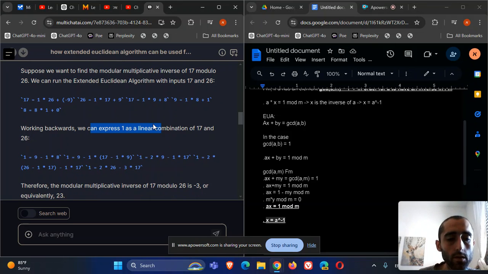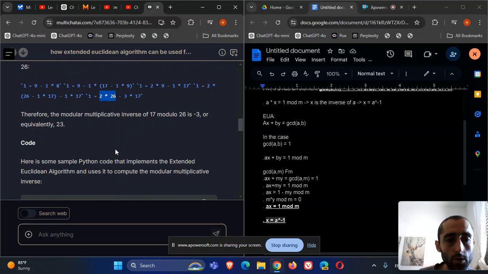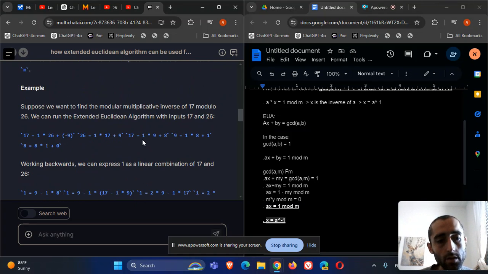Now the extended Euclidean algorithm expresses this GCD, which is 1, as a linear combination of 17 and 26. Here it is, 1 equals this expression. Those are the coefficients, and the GCD is 1. Now, this part in modular 26 is 0, so we just get that minus 3 is the inverse of 17 in modular 26.